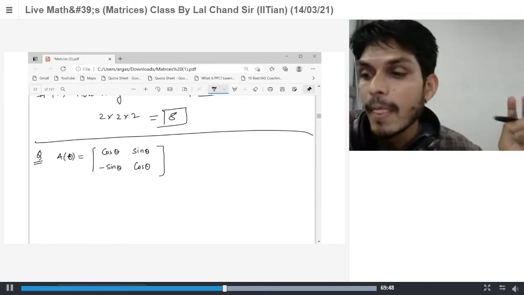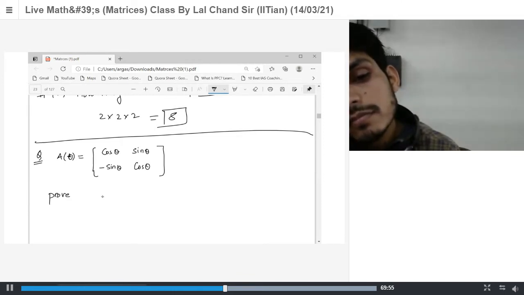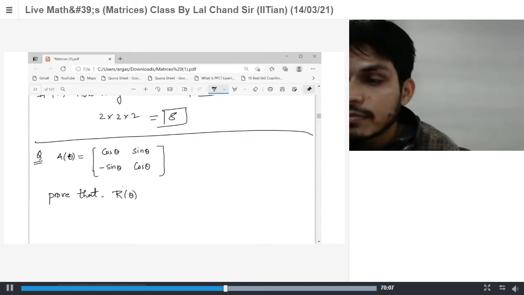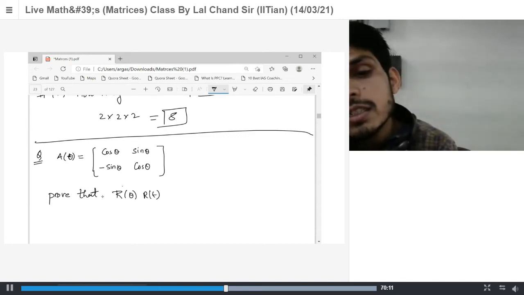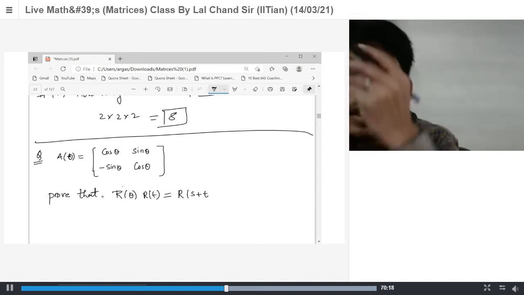Then prove that R theta into R phi is equal to R of theta plus phi.